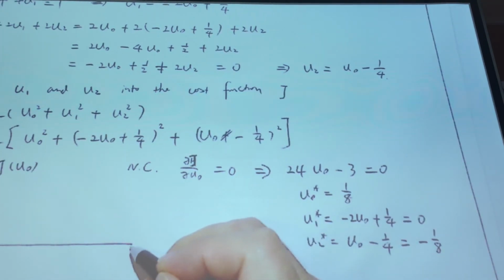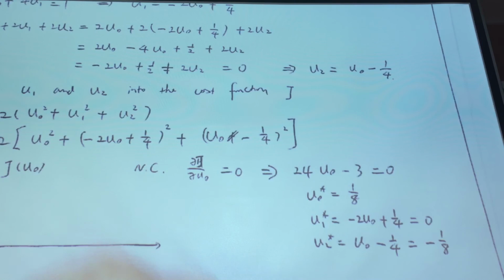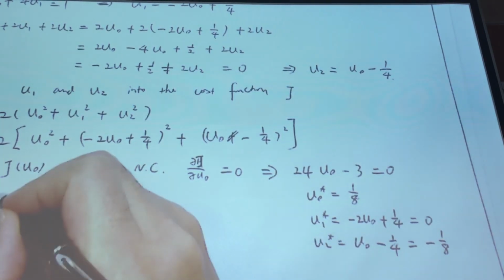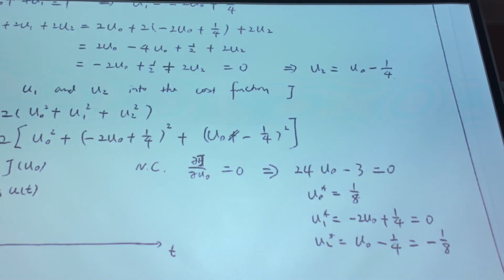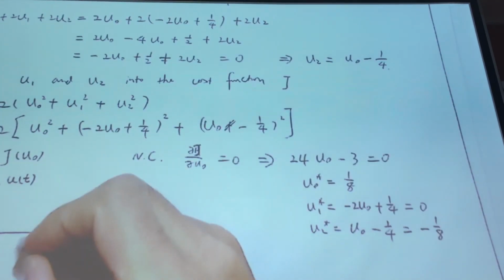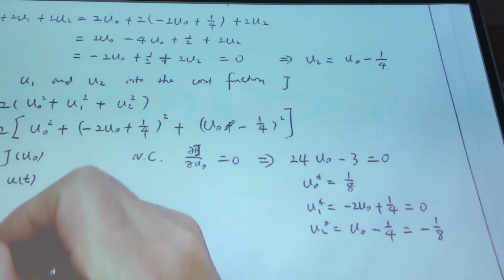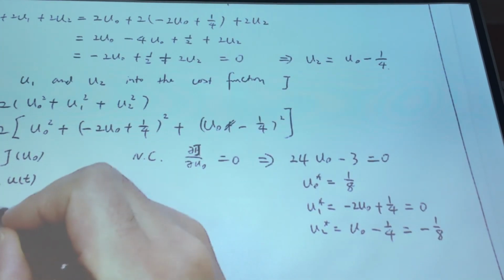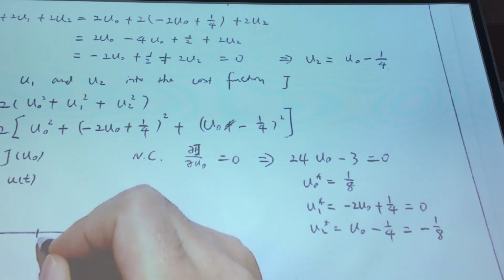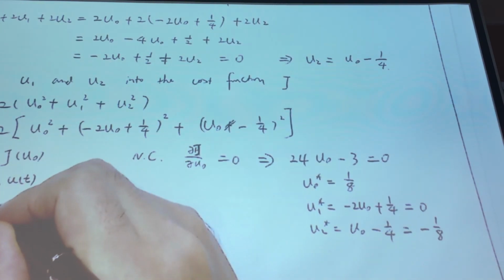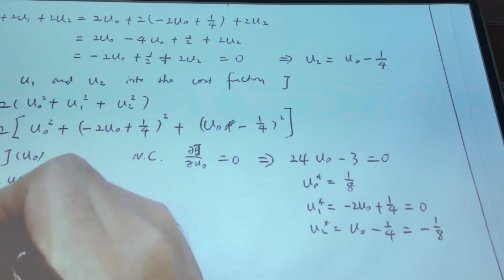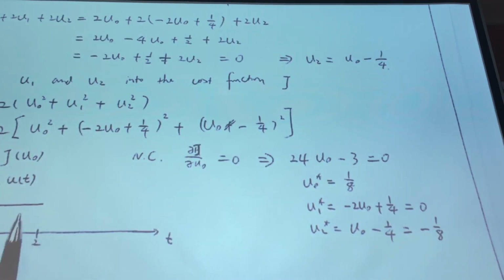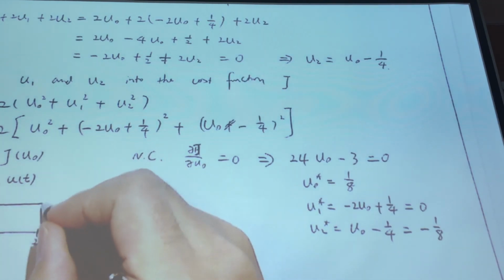If we plot the input, for example, u in terms of t, from 0 to 2 seconds the input will be 1/8, corresponding to u0.